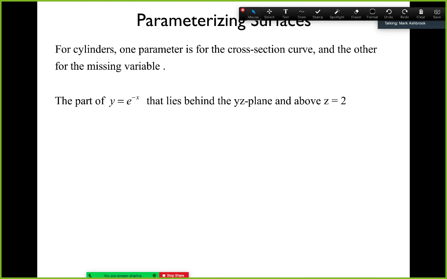Okay, cylinders. What were cylinders? Cylinders, we defined a curve in two variables, and then we swept it in the direction of the third variable. So for instance, if I had z equals y squared, in R3, what is that? Is that a parabola in R3?